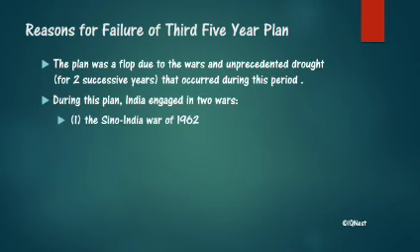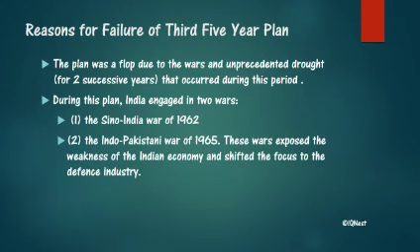The first one is the Sino-Indian War in 1962, that was against China. The second one is the Indo-Pakistani War of 1965. These wars exposed the weakness of the Indian economy and shifted the focus to the defense industry. And also due to these wars and drought, inflation went up and the economy went down.